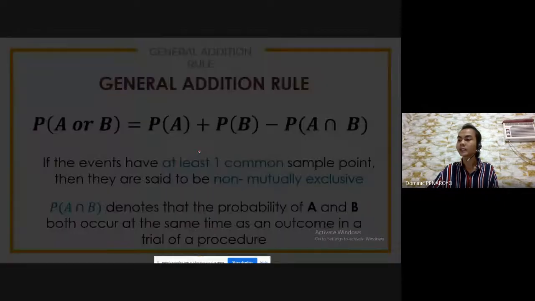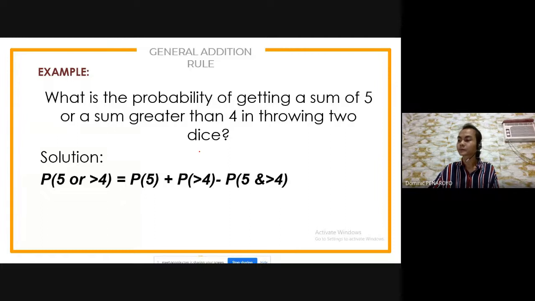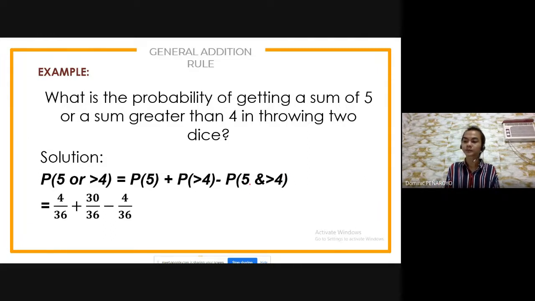Okay? So, balik na tayo dito kasi meron naman akong sagot. So, we have here the probability of getting a sum of 5 plus the probability that it is greater than 4 minus, actually may common element sa kanila. So, ayun yung isusubtract natin. Okay? Alright.